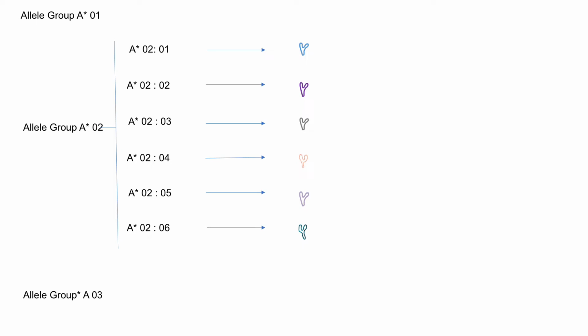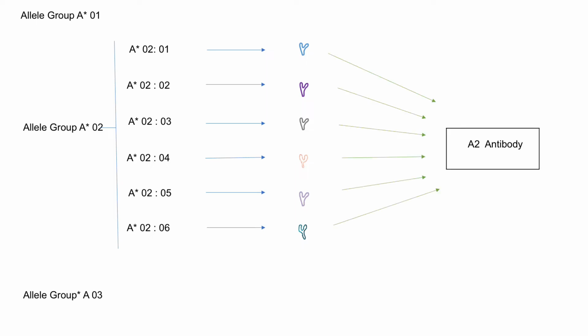If we try to identify these HLA molecules by serology with the help of HLA antibodies, the HLA A2 antibody will react or cross-react with all these 6 HLA molecules, and all these molecules will appear as A2 antigen. With the help of serology, we cannot identify which exact HLA molecule it is.